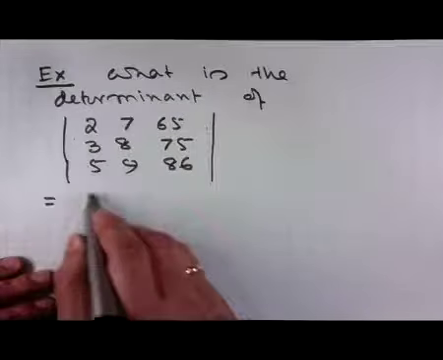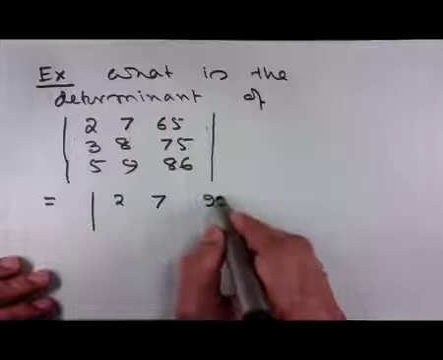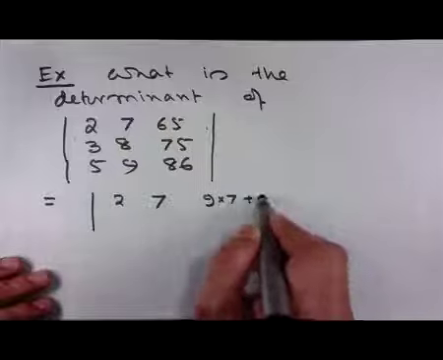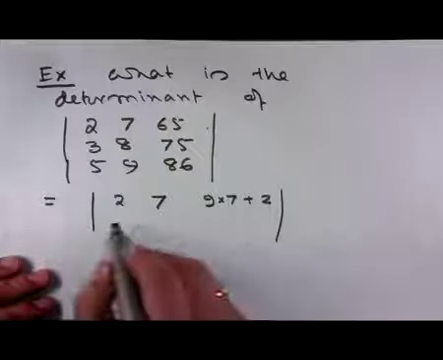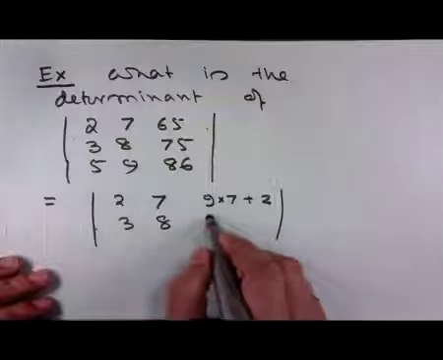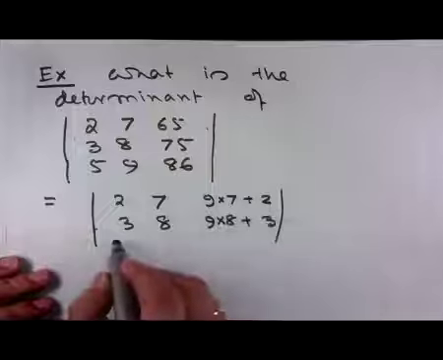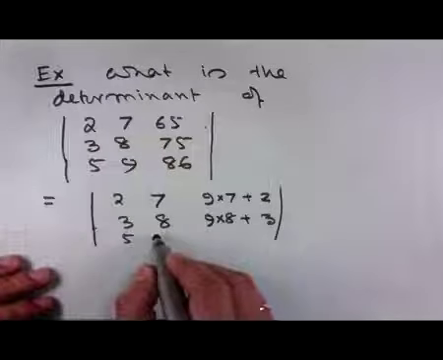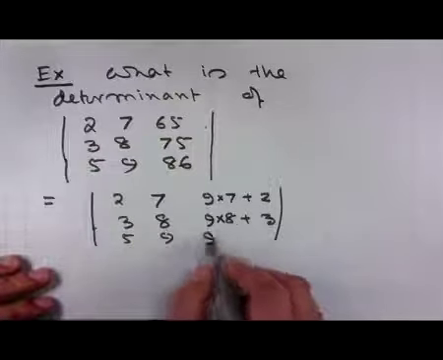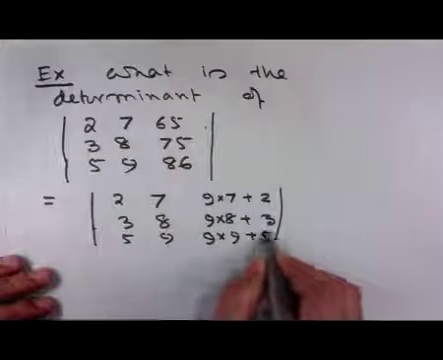So we can write it as the determinant of rows 2, 7, 9 into 7 plus 2; 3, 8, 9 into 8 plus 3; 5, 9, 9 into 9 plus 5.